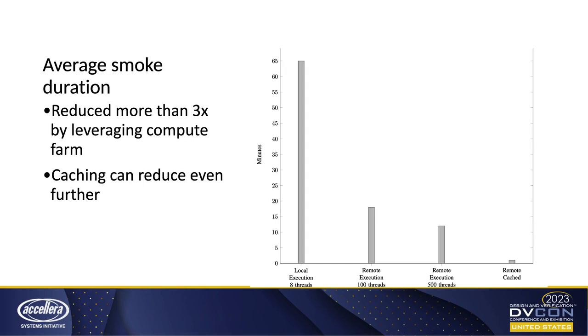We configured Bazel to first run with only 8 local threads for this experiment, and the average time for that smoke was more than an hour. But if we parallelize that across 100 threads across machines, we found our execution time went down drastically, three times, to under 20 minutes. And there were some diminishing returns there.